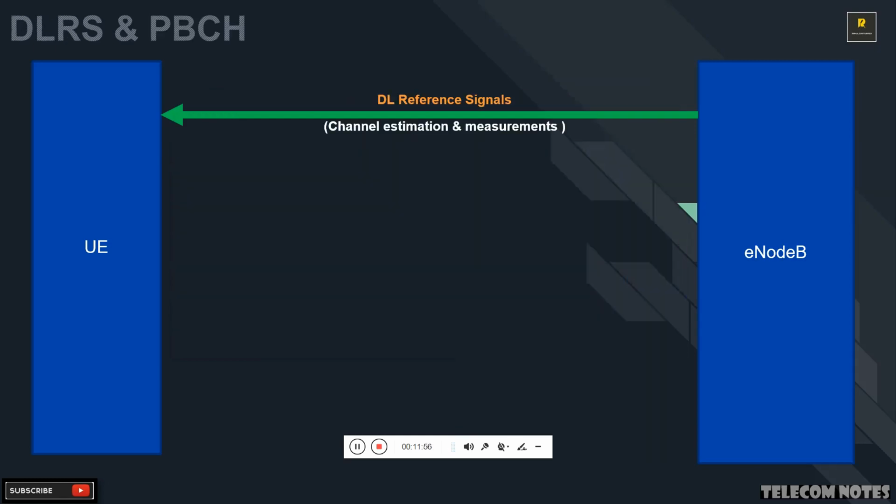After that, eNodeB sends the DLRS, downlink reference signal, for channel estimation and measurement.